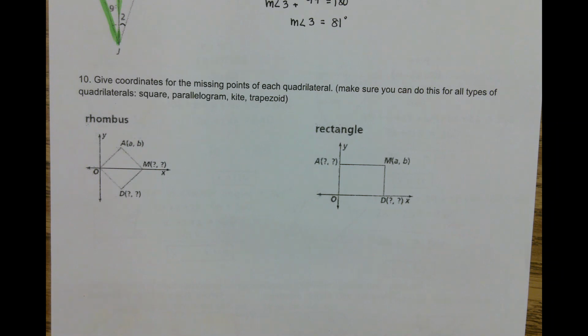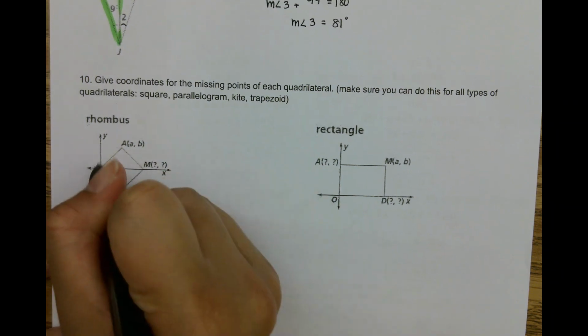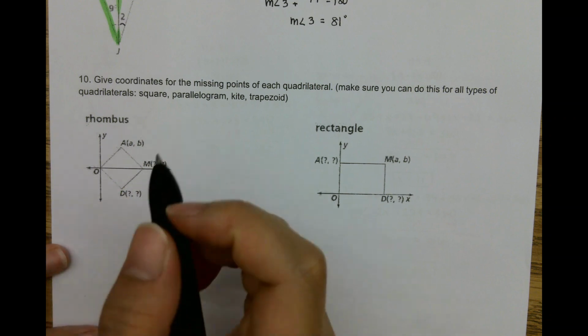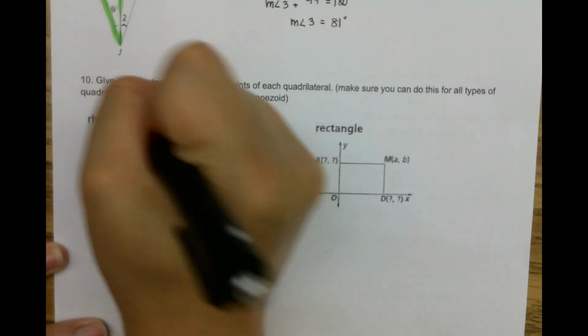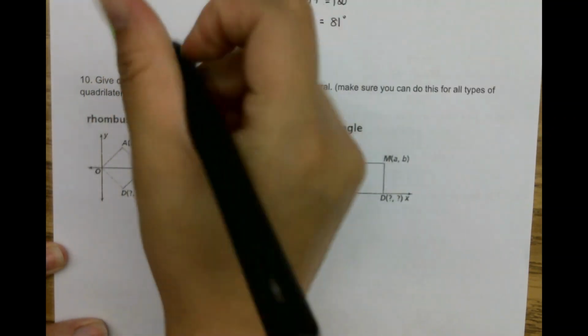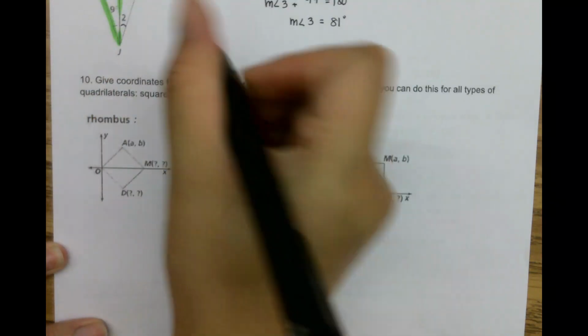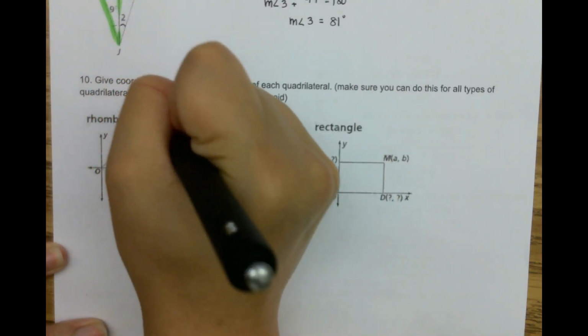So here, keep in mind that rhombuses, what we know is that the distance or the length of all sides are congruent, right? So 4 sides are congruent.